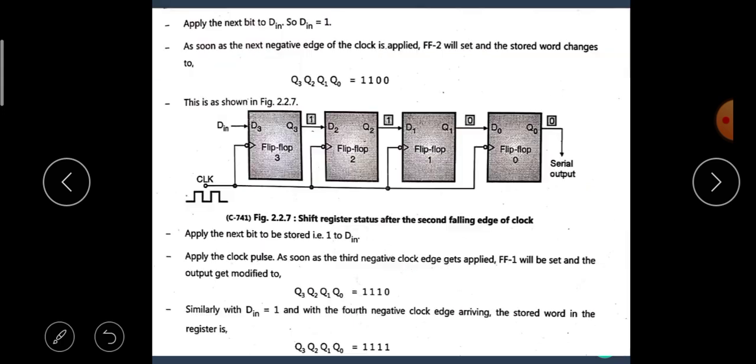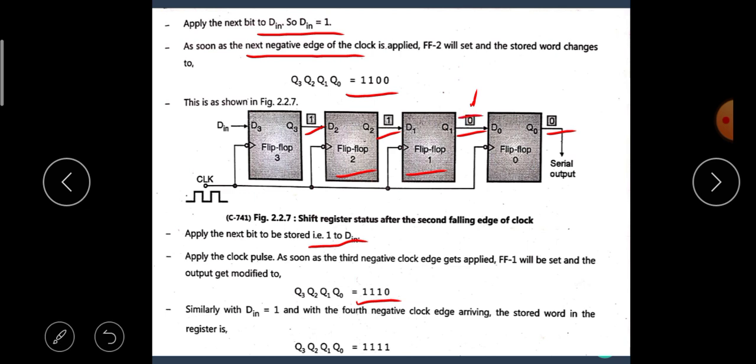Then at the application of the second clock, or the arrival of the next falling edge of the clock, flip flop 2 will be set, hence the data becomes 1 1 0 0. Then after application of the third clock, the data in is 1, flip flop 1 is set, hence the data becomes 1 1 1 0.